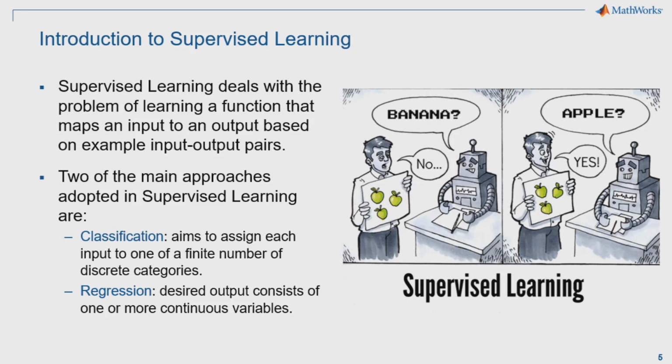So the main distinction between the two is that, since they are supervised learning approaches, we have the ground truth of our data. But in one case, this ground truth is represented by a discrete finite amount of categories. In the case of regression, the response variable that we want to predict is a continuous variable.